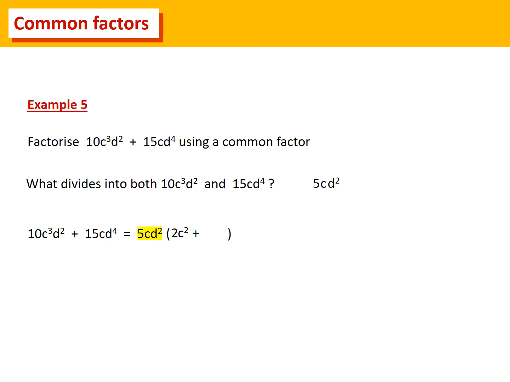And then what multiplied by 5cd squared is going to give me 15cd to the 4? Again, do it in bits. 5 times something has got to give me 15. So the number will be a 3.